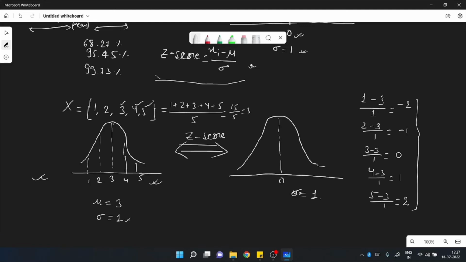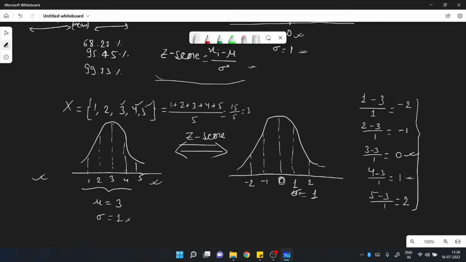So as you already know, this midpoint, that is the mean, will always be 0. So this particular 0 will be coming over here. Now this one will move to the right side, and after that this particular point will be 2. Now on the left side it will be minus 1 and this will be minus 2. So see how the distribution changed from normal distribution to standard normal distribution.